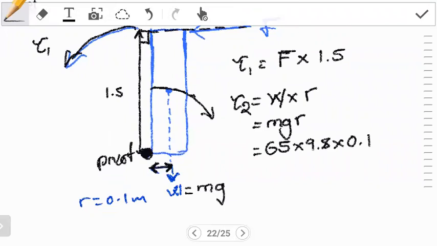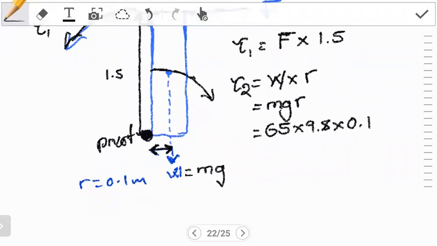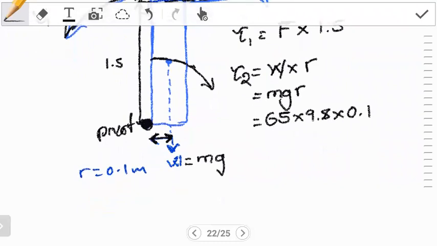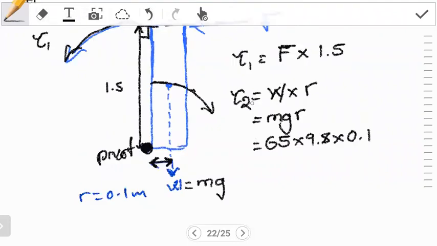So just before the system topples over, the anti-clockwise moments have to match the clockwise moments.